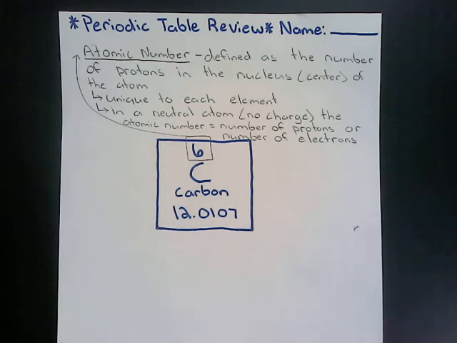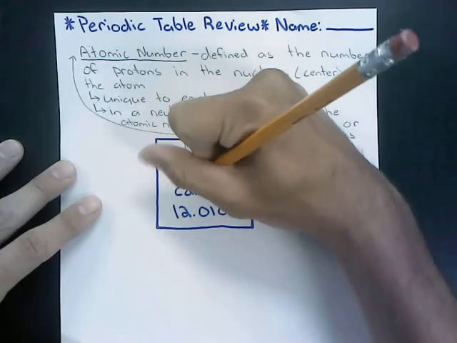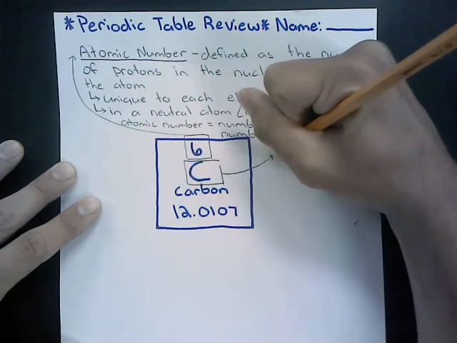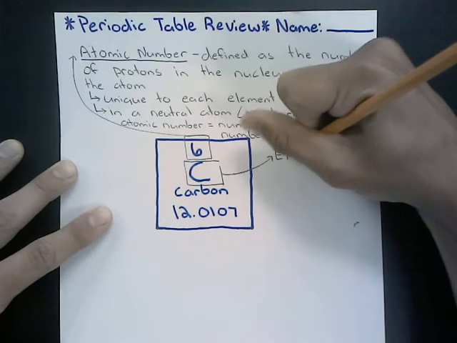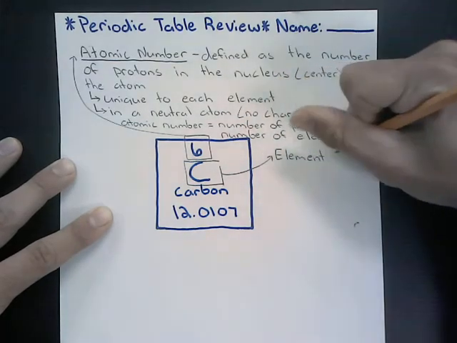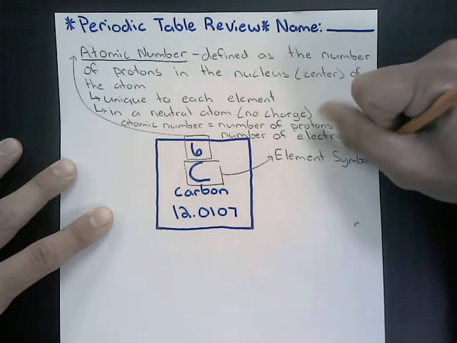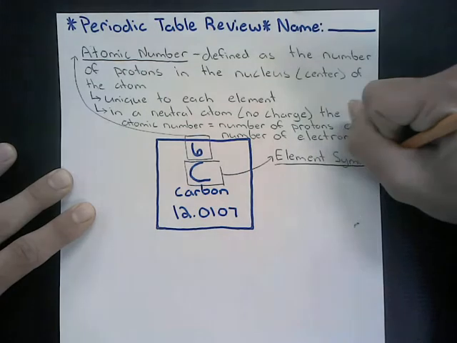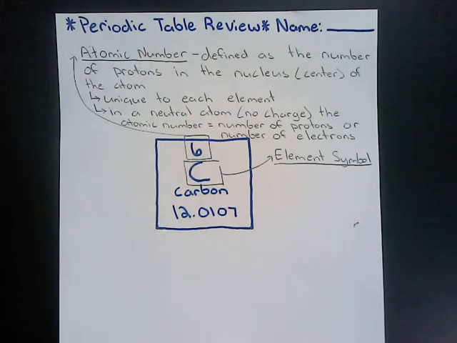The next portion that you will find for every box on the periodic table is the element symbol. The element symbol is either a 1 or 2 letter combination that is unique to each and every element.